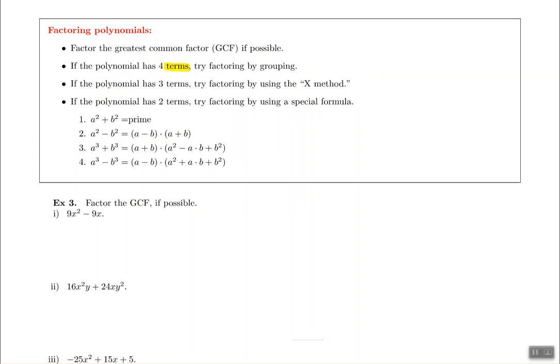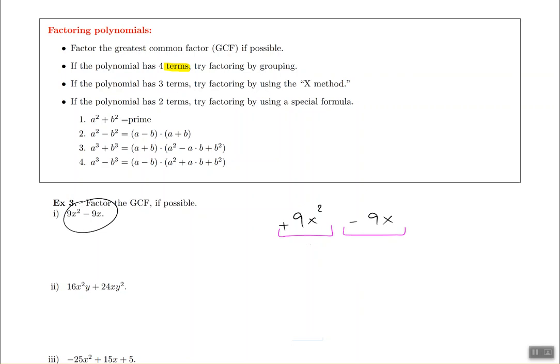So for example, the first example in this problem has 9x squared minus 9x. It is assumed that in front of the first 9 there's a plus sign. So that indicates the beginning of the first term, and the term ends where the minus shows up. So the minus indicates the beginning of the second term. So this is a problem with 2 terms.